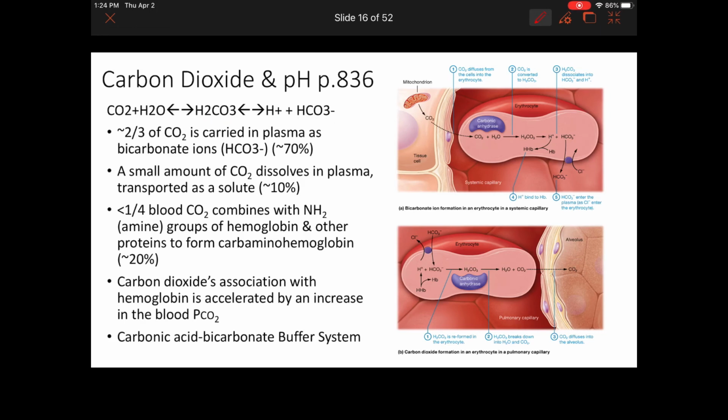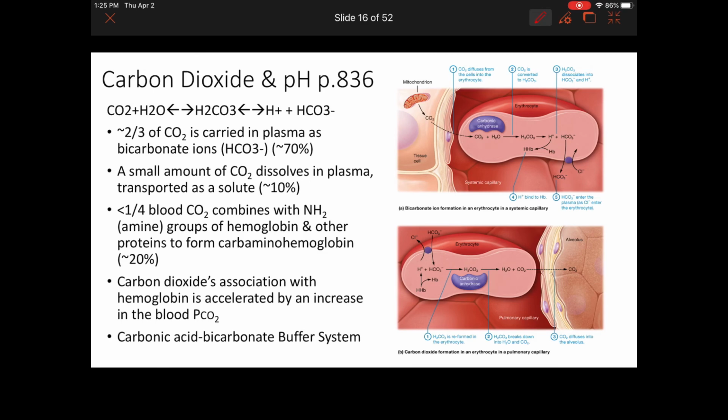So we've heard a lot about oxygen and the fact that most oxygen that's transported around the body is transported through hemoglobin. A very small percentage is transported within the plasma, but most of oxygen is transported via hemoglobin. Well, as it turns out, carbon dioxide travels in 3 different ways around the body.